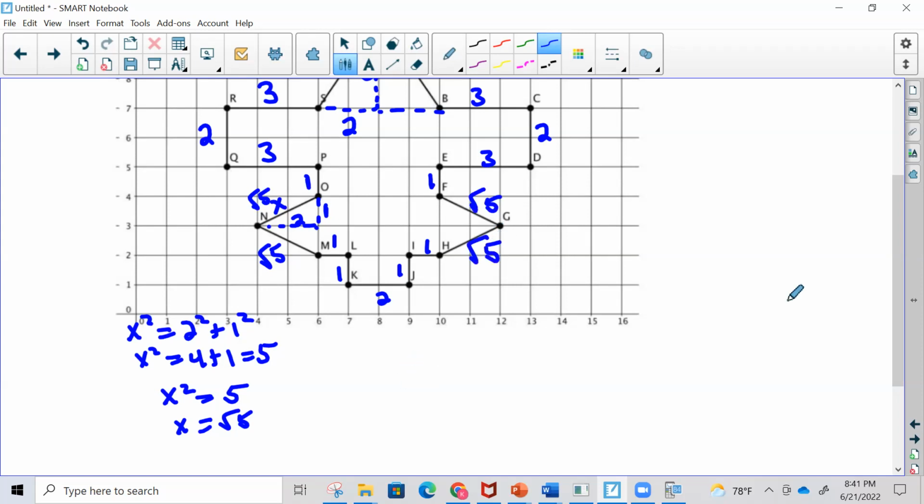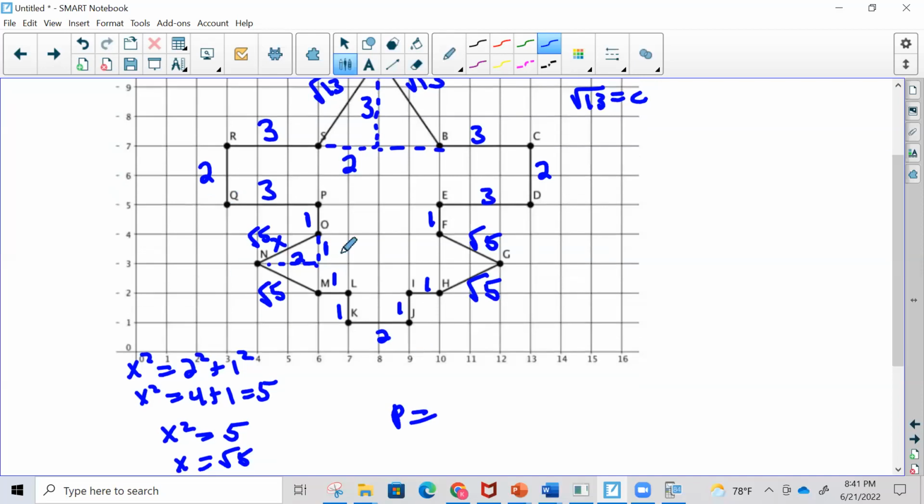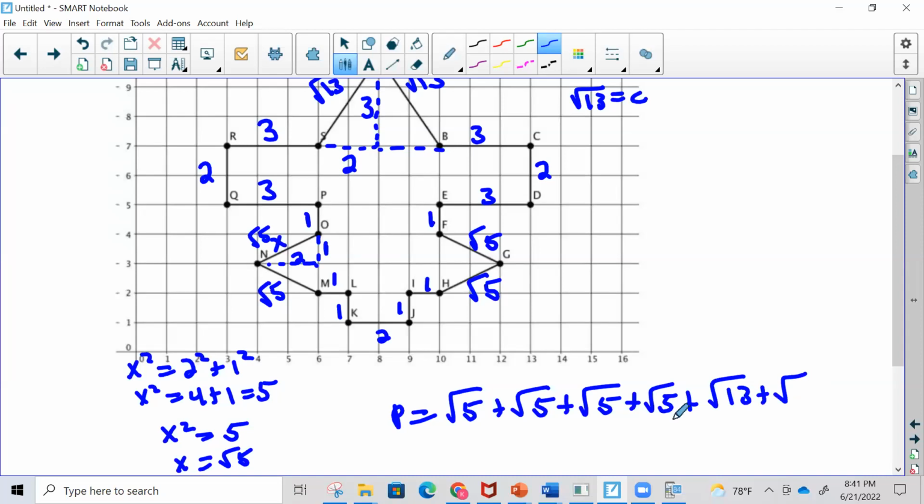And then when we do the perimeter, we're going to add our distance around. So you can either start one place and go around, or you can do all the same types. So I could do the 4 square root of 5s so that they're next to each other, so it's easier to combine. I could do the 2 square root of 13s that I have. And then I could go around and make sure I get everything else.